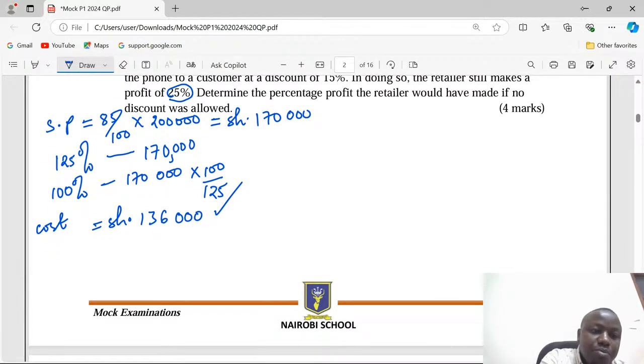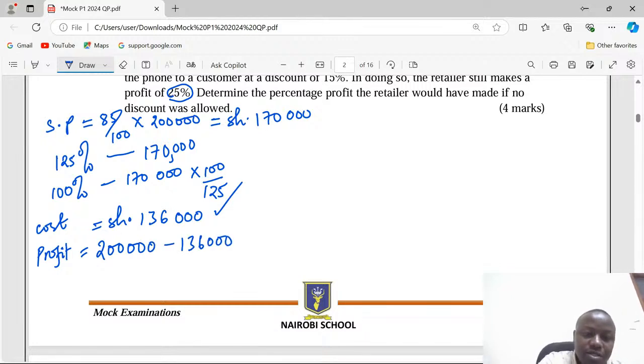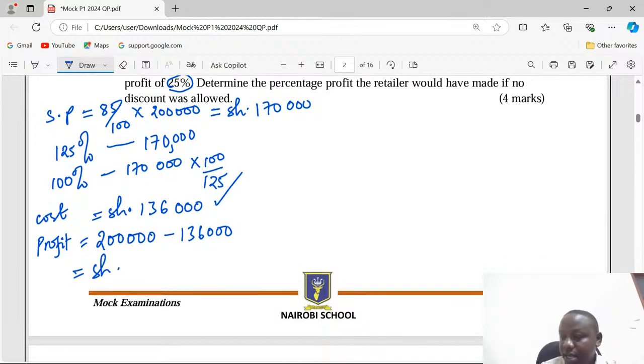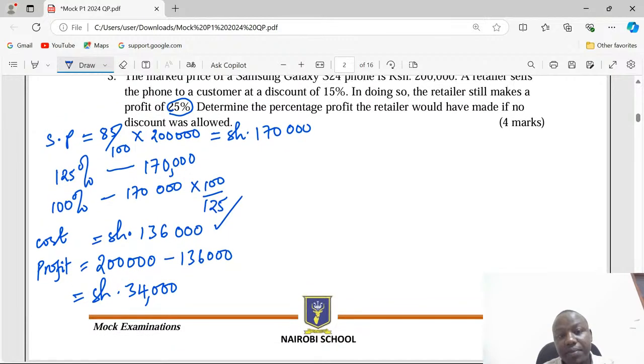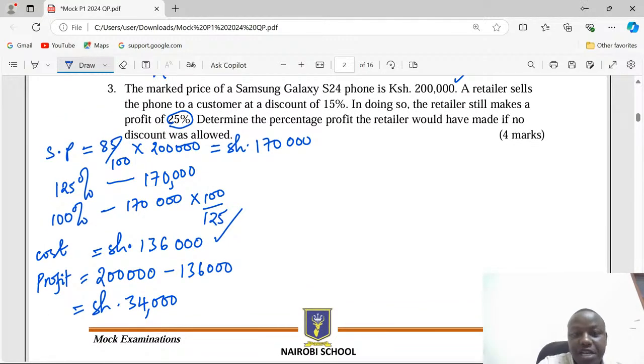Therefore, we can look at the profit itself first. The profit is going to be the intended selling price minus 136,000, and this is going to give us exactly 34,000. So 34,000 is the profit he would have made.